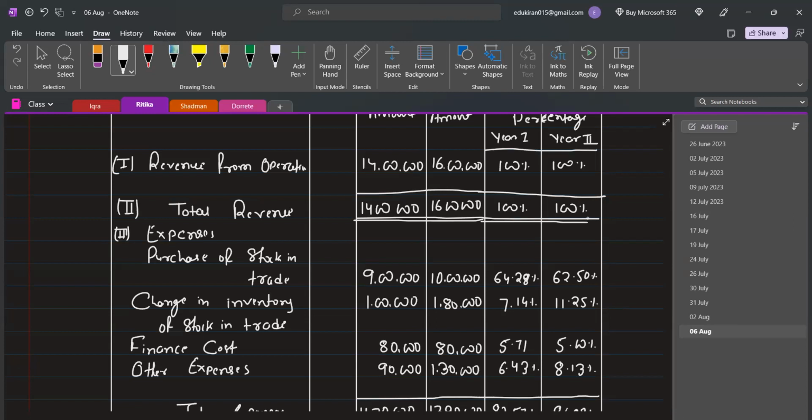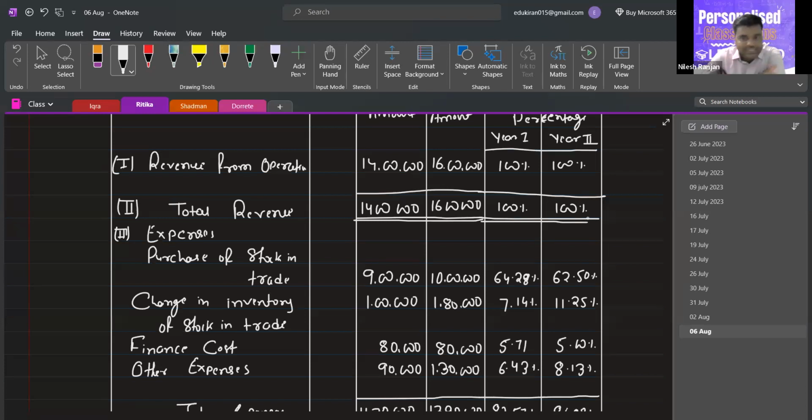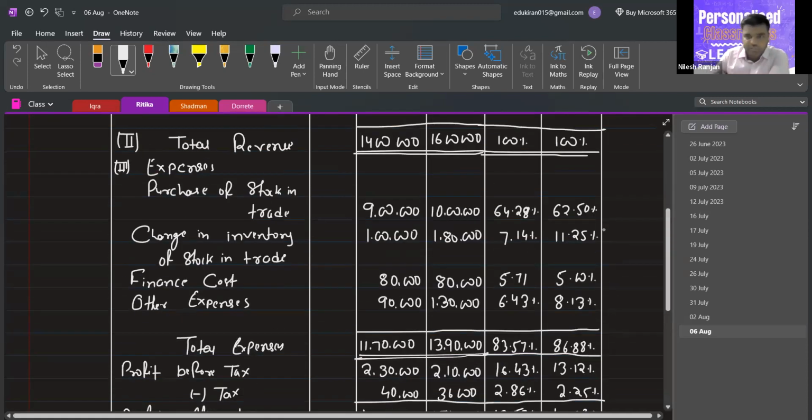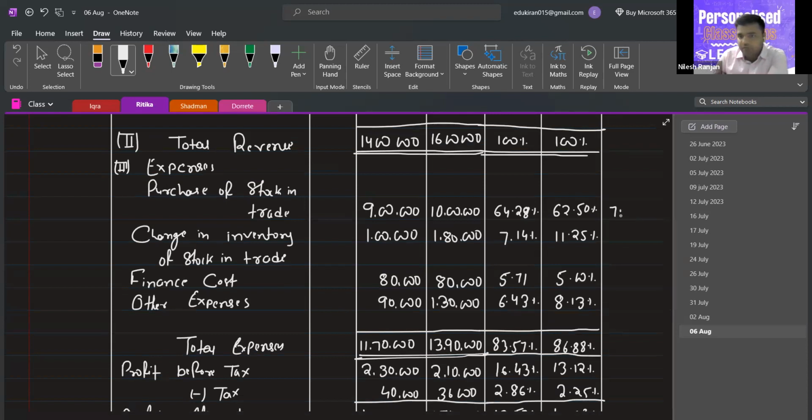In first year, our cost of goods sold is 64.28% and 7.14%, that is 71.32%. But in second year, it is 73.75%.